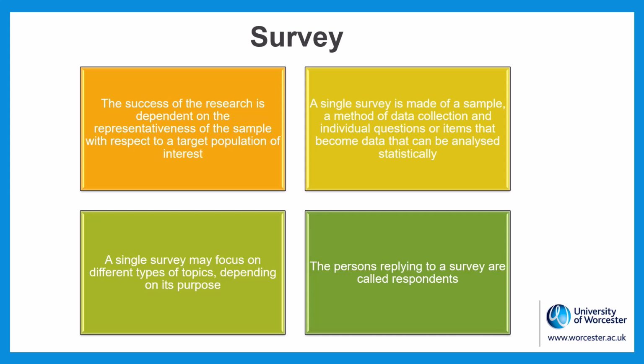Since survey research is almost always based on a sample of the population, the success of the research is dependent on the representativeness of the sample with respect to a target population of interest to the researcher. The target population can range from the general population of a given country to specific groups of people within that country, to a membership list of a professional organization, or list of students enrolled in a school system.